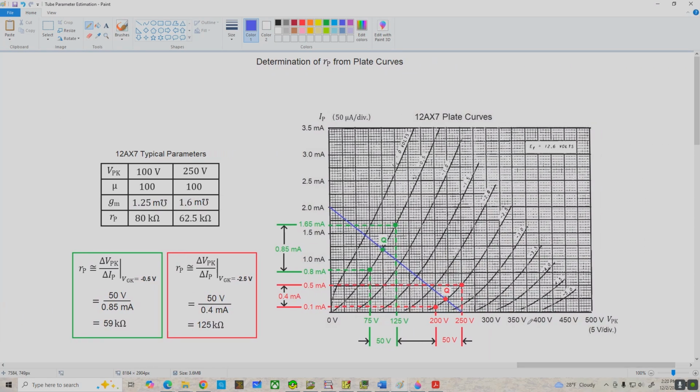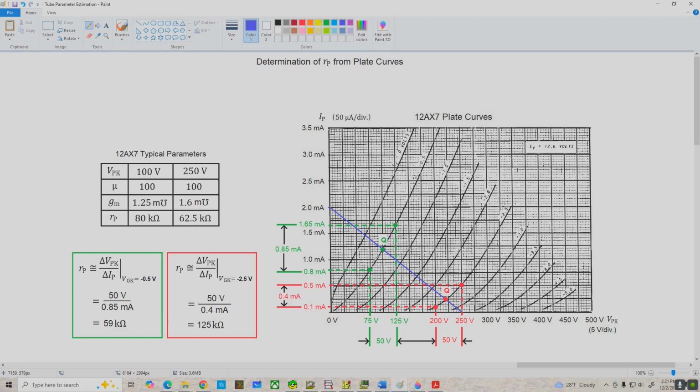This time the equation we're using is little rp equals delta VPK over delta IP, and we're holding VGK constant. That means we're moving along the grid bias curve that our Q point is located on. So in the green Q point case, we're going to just pick an arbitrarily convenient interval, say on the VPK axis, and find the resulting change in our plate current.